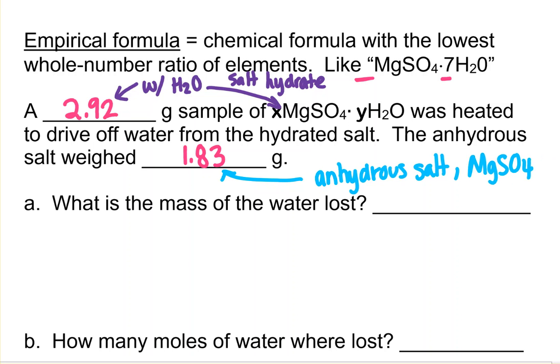Okay, so this is pretty simple. We're going to start by seeing how much water it lost, because that will tell us how much of this original 2.92 grams were just water. So we'll subtract.